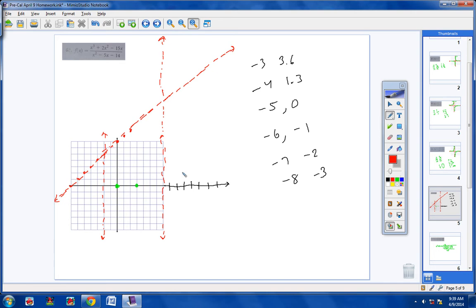Now, okay, I have these points here. If you'll look, when I plot these points, look how close I am to the slant asymptote. Please watch this carefully. Negative 3 is at 3.6, right beneath the slant asymptote. Negative 4 is at 1.3, and then negative 5 is at 0, and then negative 6, negative 1, negative 7, negative 2.